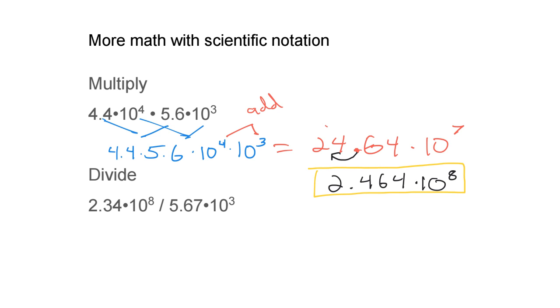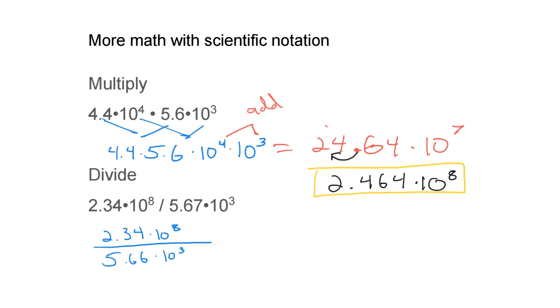There we go. All right, now let's divide 2.34 times 10 to the 8th. I'm going to put that on the top of a fraction. And then 5.67 times 10 to the third. I'm going to put that on the bottom. And again, I'm going to separate out the different parts of the operations here.